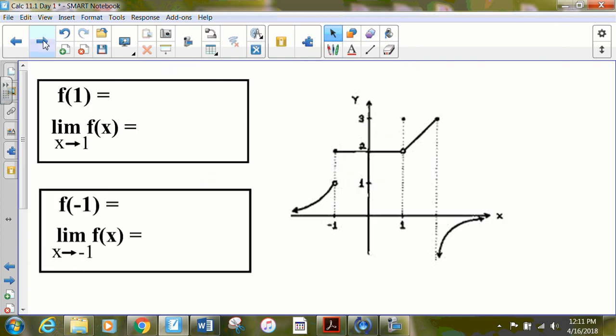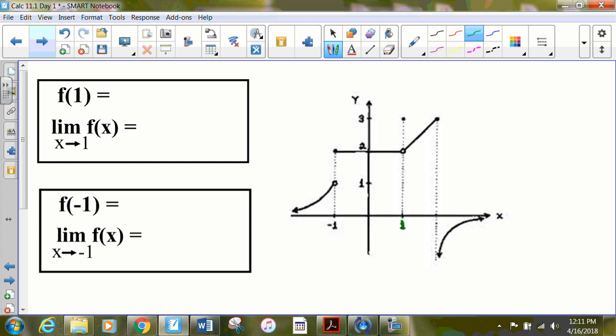Okay, so now let's talk about the difference between a particular f of c versus the limit of f of x as x approaches some value c. If that didn't make sense, I think the example will. So let's look at the first thing. What is f of 1? That means if we go where x is equal to 1, what's the value of y?